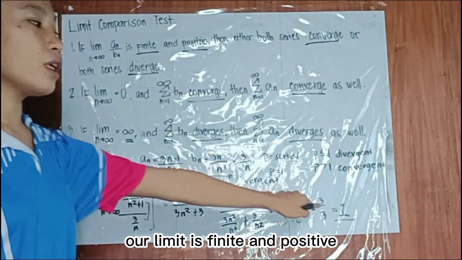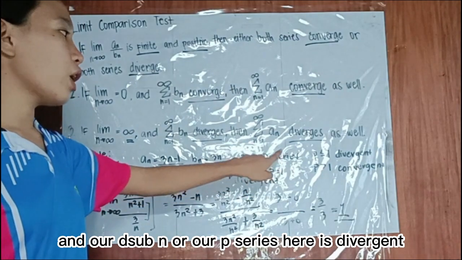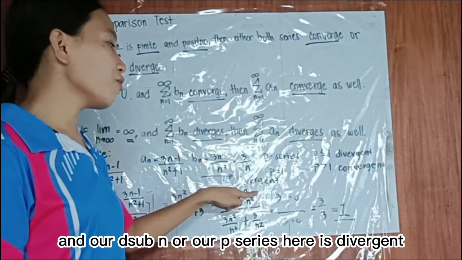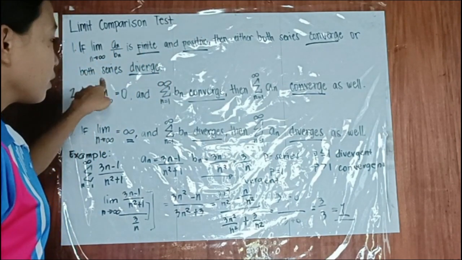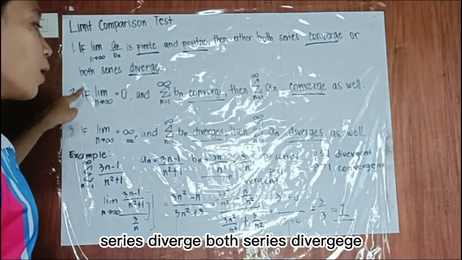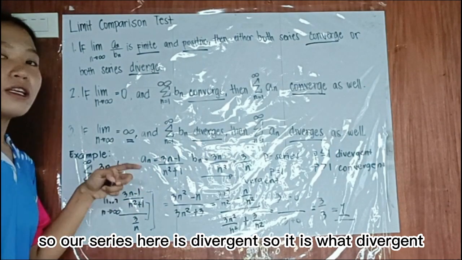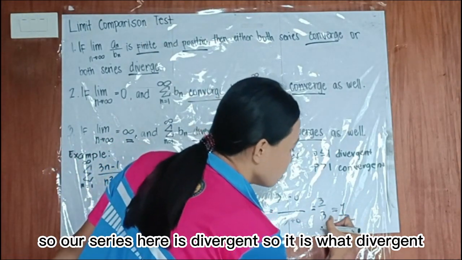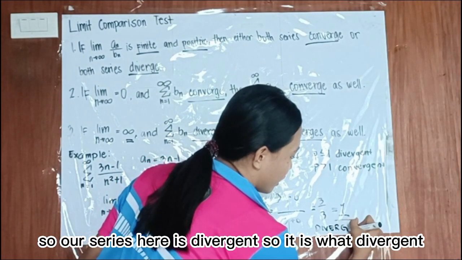Our limit is finite and positive, and our b sub n, our p series here, is divergent. Therefore, both series diverge. So our series here is divergent. So, it is what? Divergent.